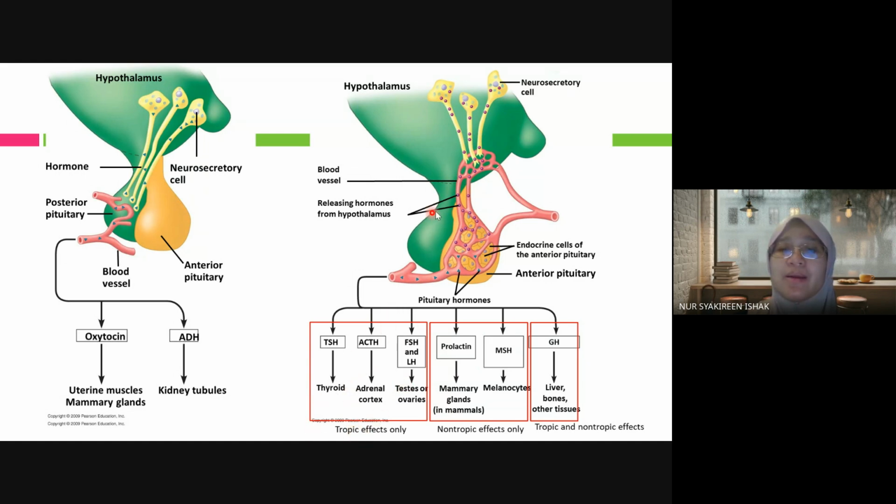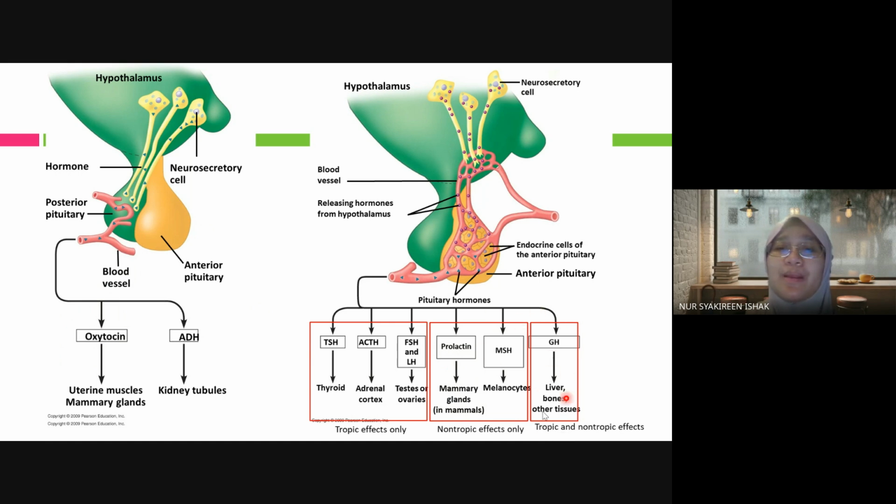But the anterior also produces non-tropic hormones, which are prolactin and MSH. The anterior produces and secretes prolactin. The target organ is the mammary gland, and the function of prolactin is to produce milk. Prolactin produces milk; oxytocin releases the milk, ejection of the milk.